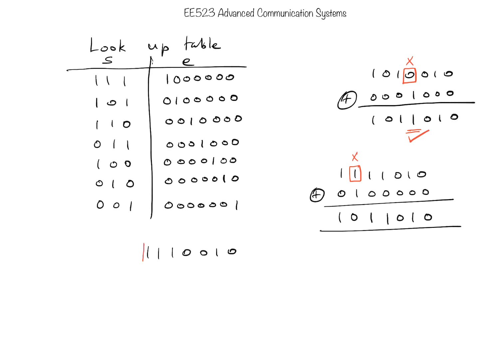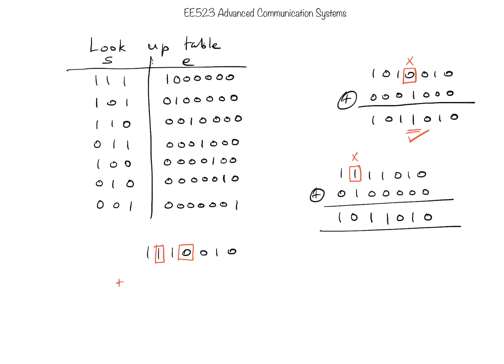So there is an error in the second position, which is here, and the fourth position, which is here. But based on the syndrome, it finds that the error vector corresponding to 110 has a 1 in the third position. So it adds that particular error vector.